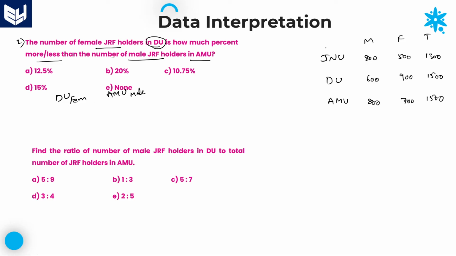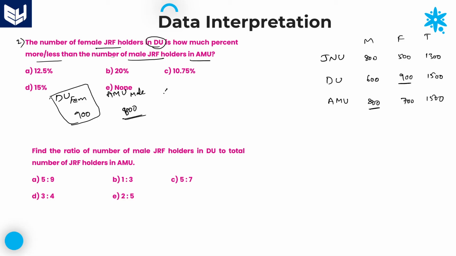DU female employees 900, AMU male employees 800. Now we need to calculate that this particular value, DU female employees, is definitely more than that of male employees of AMU.